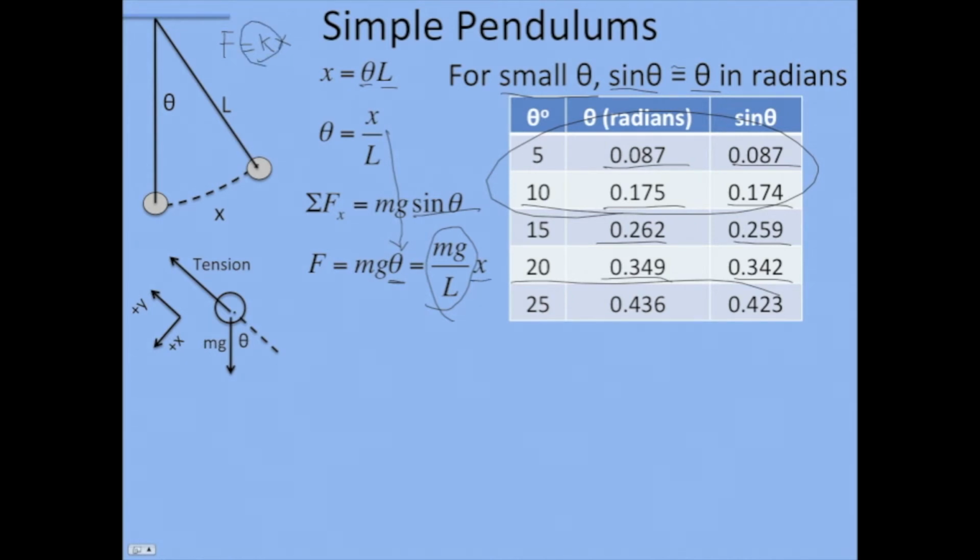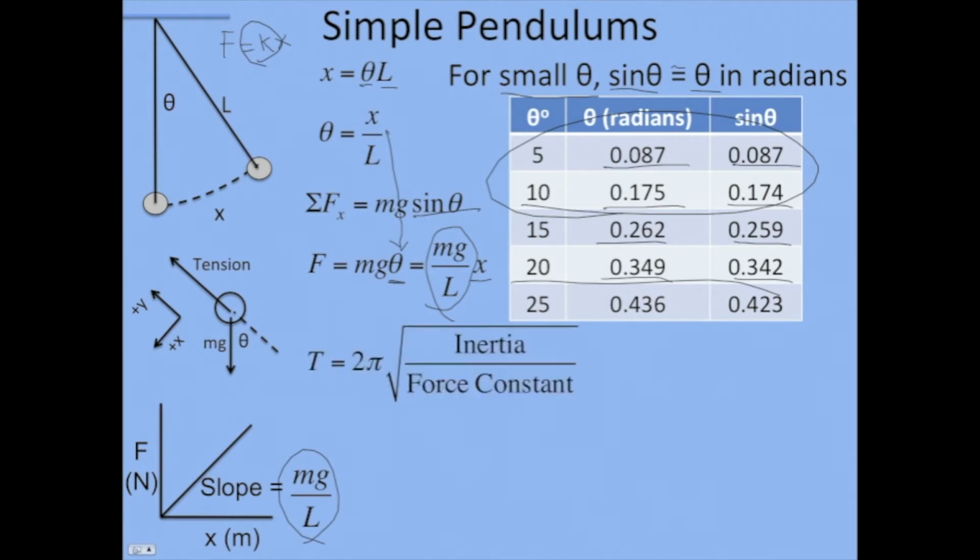So now everything we did for the spring mass, we can use for the pendulum. I can graph force versus the displacement, and the slope, instead of being little k, would be this collection of constants: the mass of the pendulum, little g, and the length. And if we want the period of a pendulum, we use the generic equation for period, 2 pi square root of the inertia over the force constant.